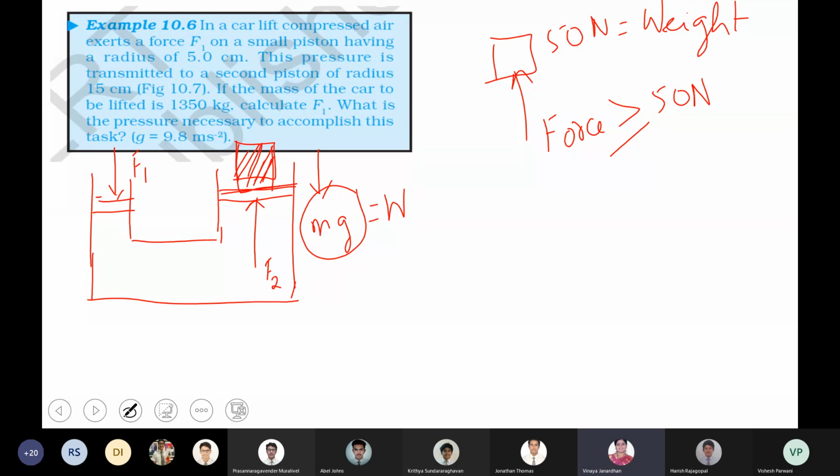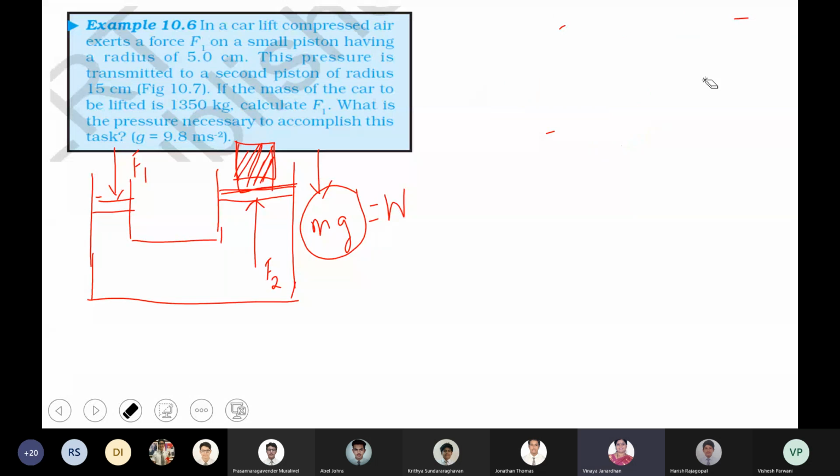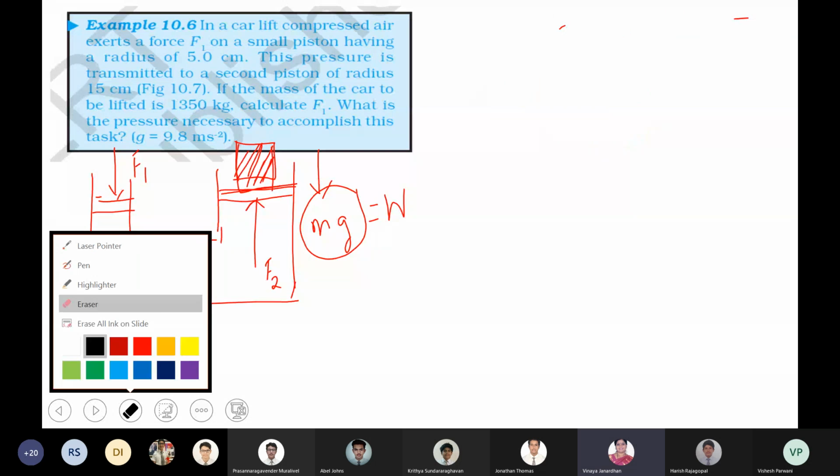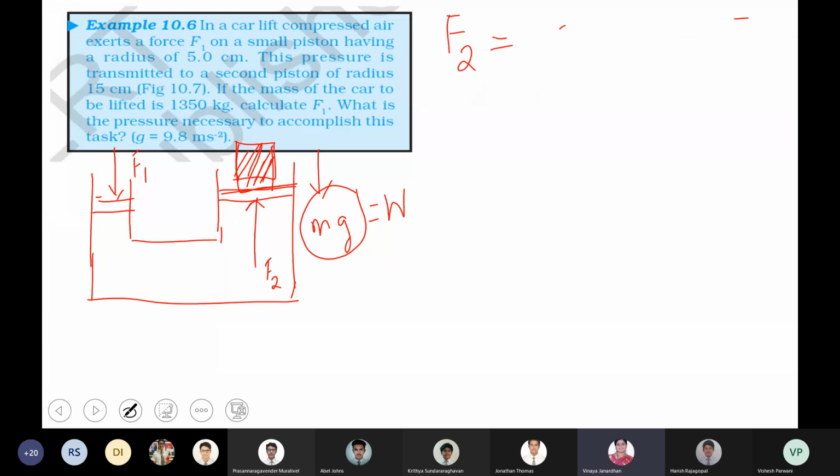So here in this case, what will be the force F2? F2 will be equal to M into G. So that will be 1,350 into 9.8 newtons. Now the question is, what is the pressure?